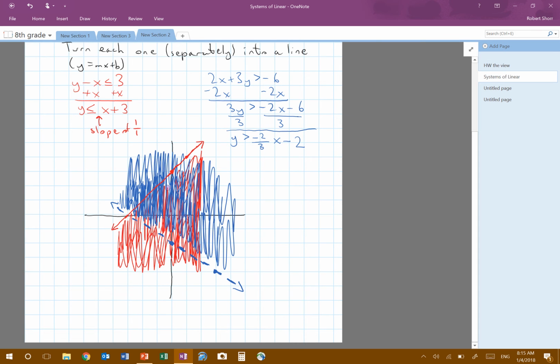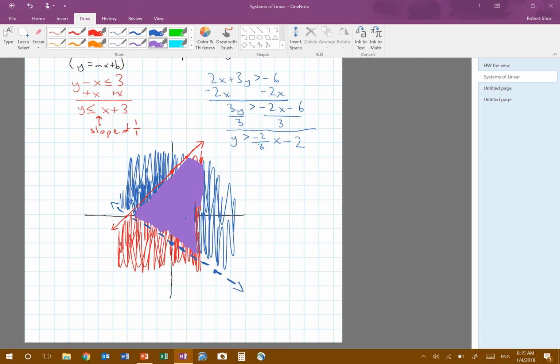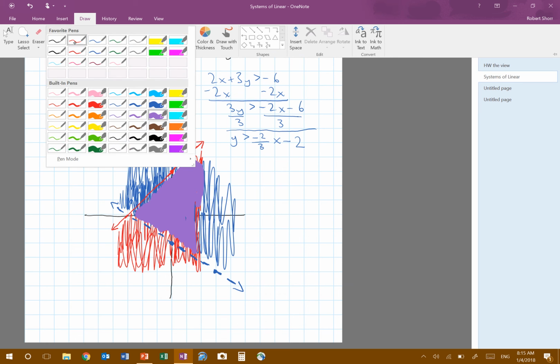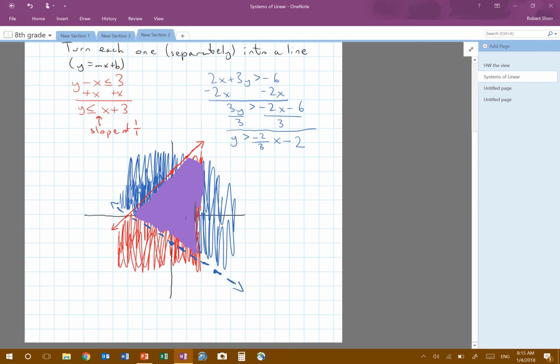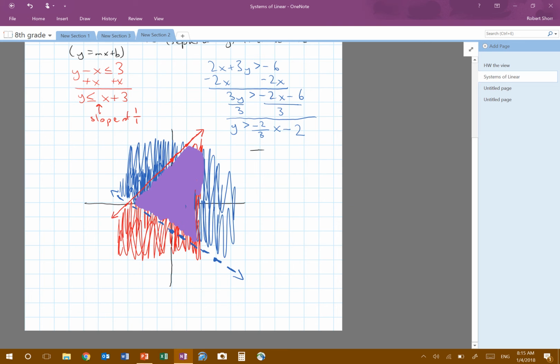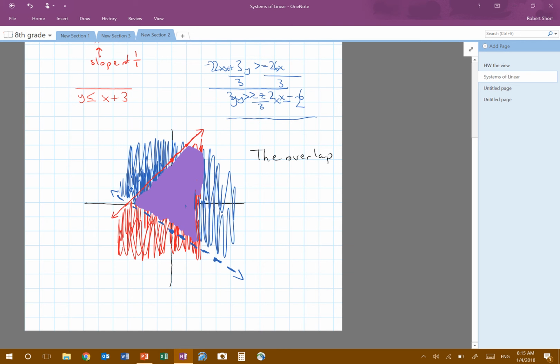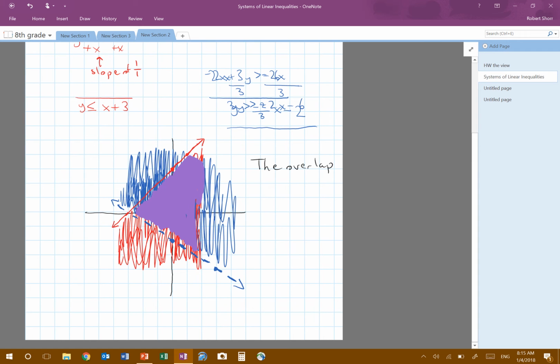This area that would be purple, which is the overlap, is our answer. The overlap of the shadings is the answer.